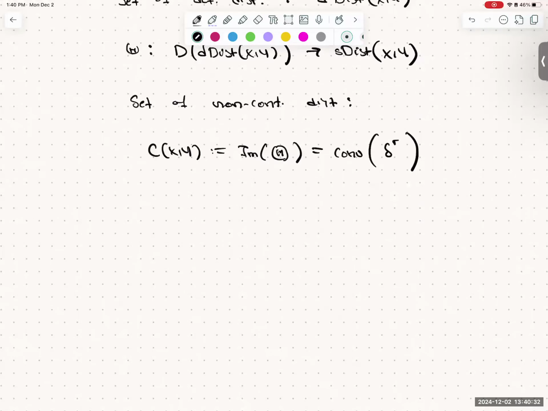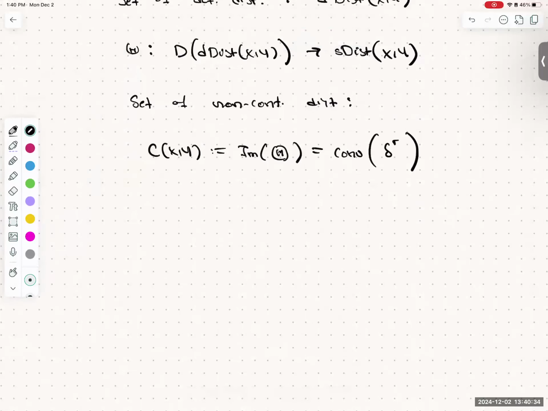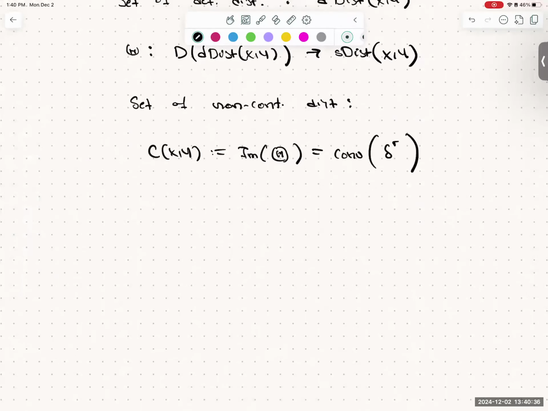And this thing right here is what we call the Bell polytope.